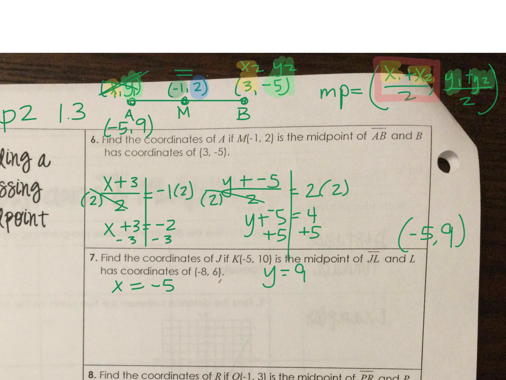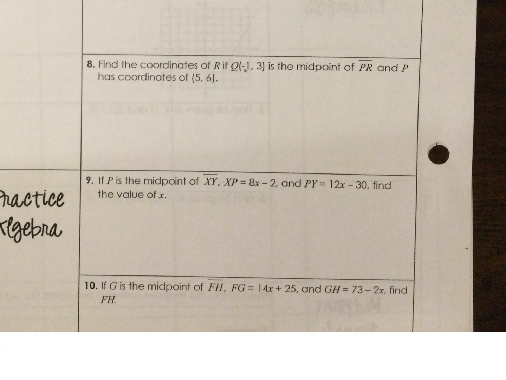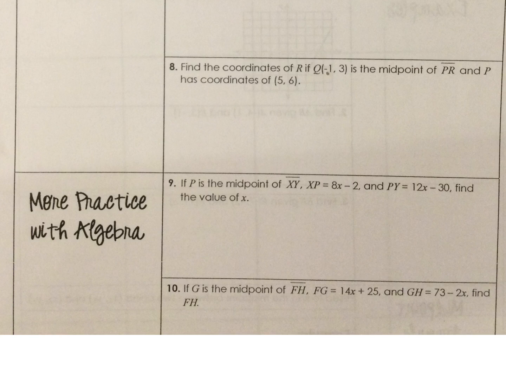I'm going to help you get set up on number 8, and then I would like for you to solve it. So let's draw our picture together. Find the coordinate of R if Q is the midpoint of PR. So Q is the midpoint of P and R. Q is -1, 3.